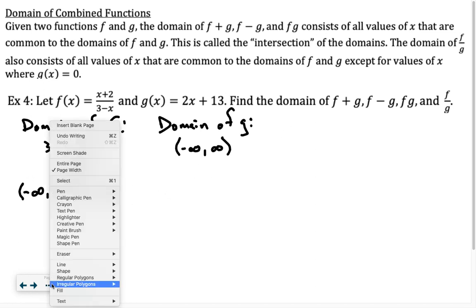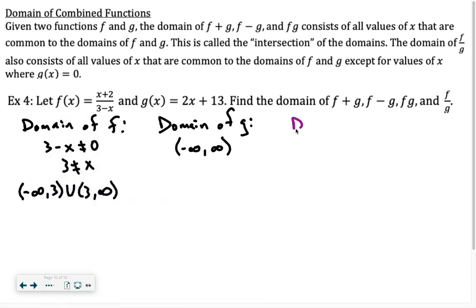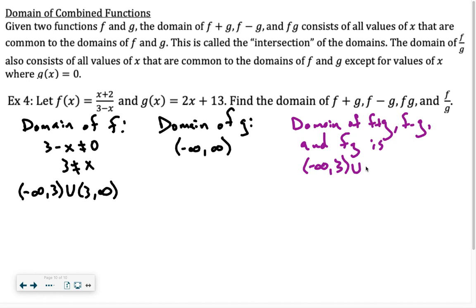So the domain of f plus g, f minus g, and f times g is negative infinity to 3, skip 3, and 3 to infinity.